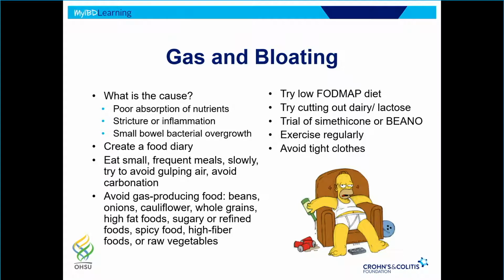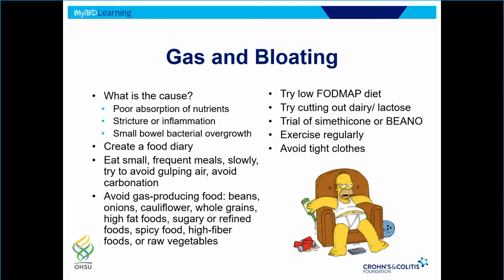I've written some of the gas-producing foods here, like beans, cauliflower, whole grains. Sometimes high-fat foods can cause a lot of gas. And so, again, being your own detective and trying to figure out which of these foods might be a problem for you. Some patients find that the low FODMAP diet, a diet that's been shown to be very helpful for irritable bowel syndrome, can be helpful.